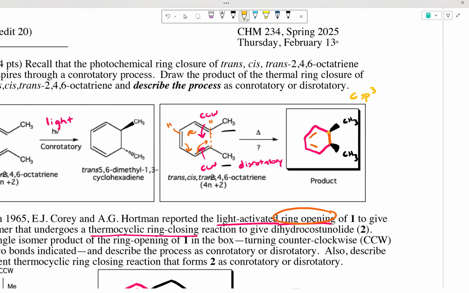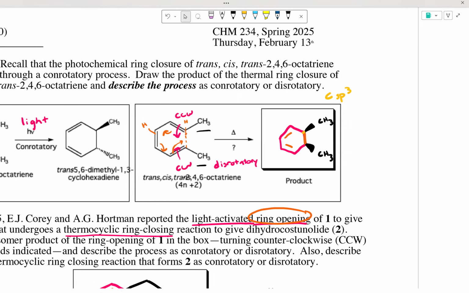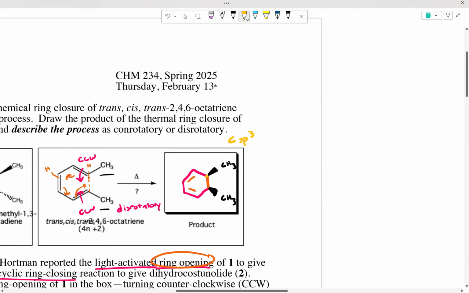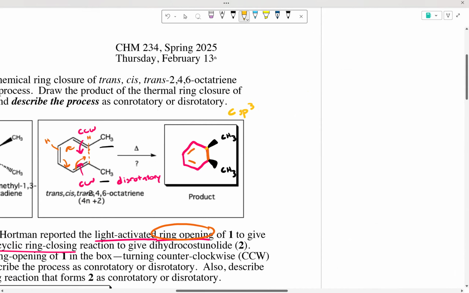That means it's gonna be, let me look that up to confirm. I believe the word is tetrahedral.